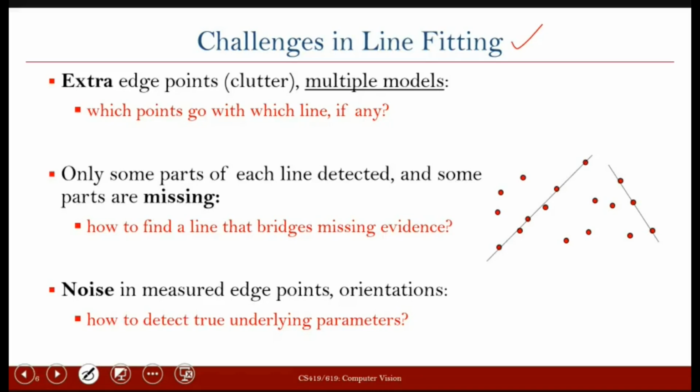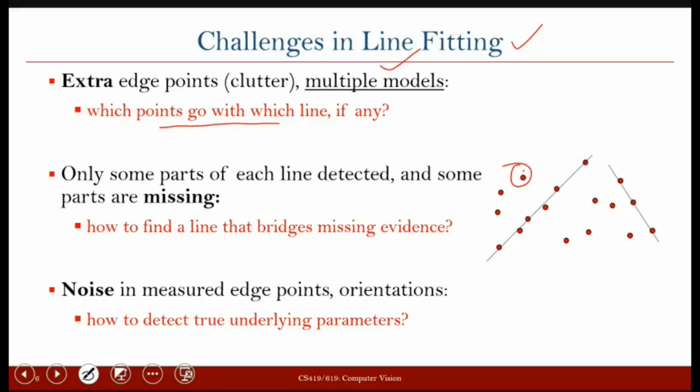When we have multiple models, as we saw in the previous slide, we have to find out, for a particular feature point, let's say this one, which particular model it falls on, or whether it doesn't fall on any model. So this is the first thing.